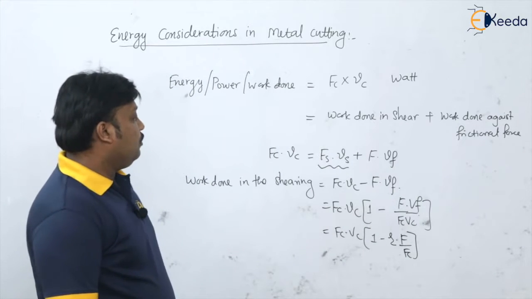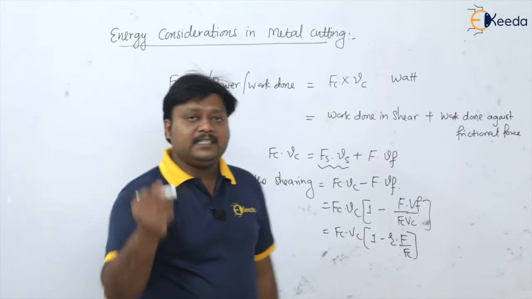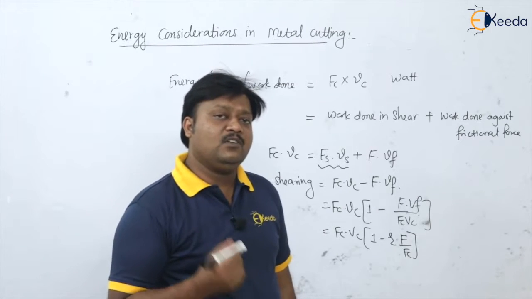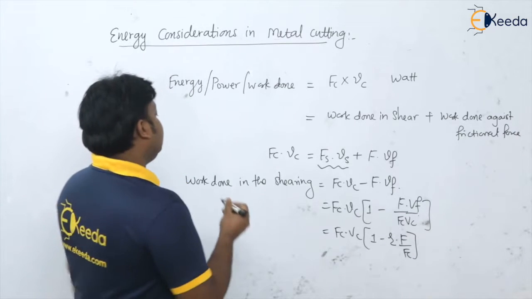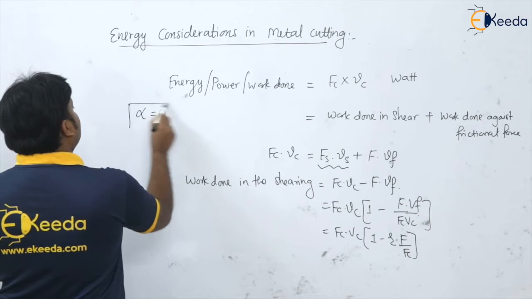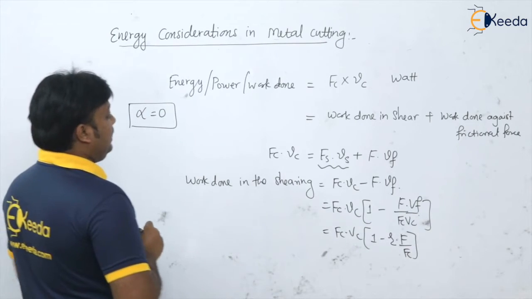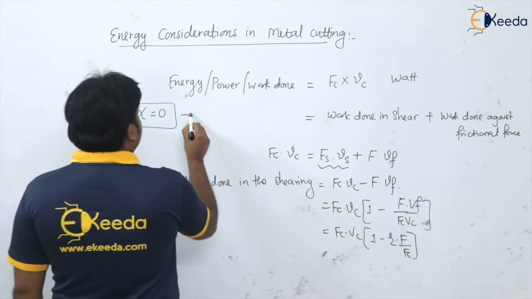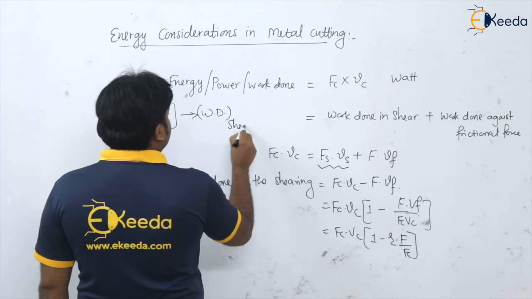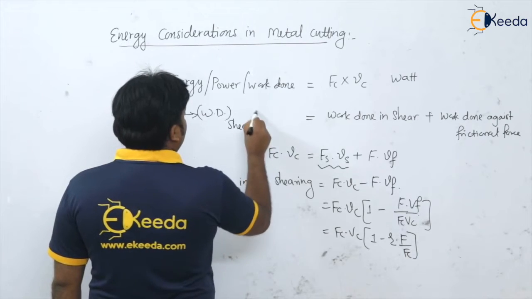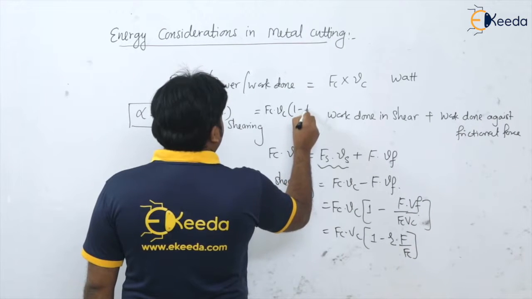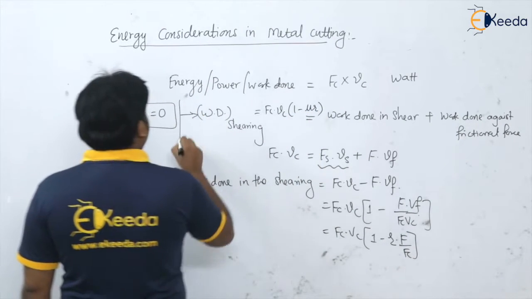Okay, so if I take some example on this, suppose in an orthogonal turning operation or cutting operation, the rake angle is 0, then prove that the work done in the shearing is equal to Fc into Vc bracket 1 minus mu r.